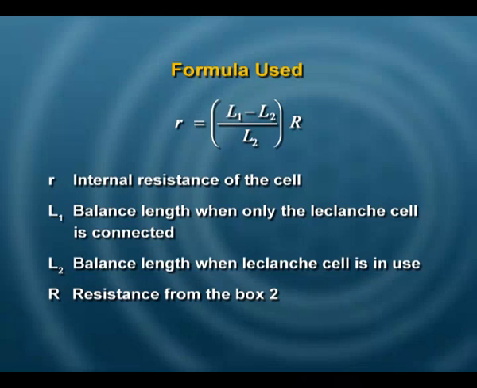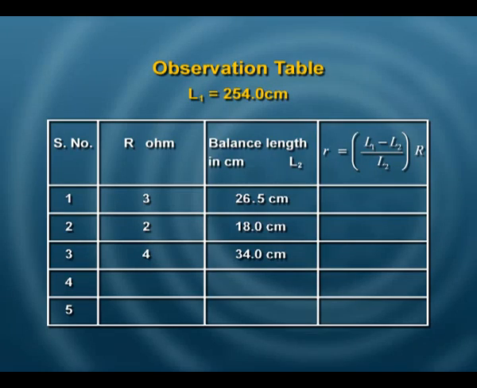For each of them you are going to use the formula. The resistance of this cell is equal to L1 minus L2 upon L2 multiplied by R. This R value for each reading will be the one that you have taken out from the resistance box. So, you will get a set of values for internal resistance.